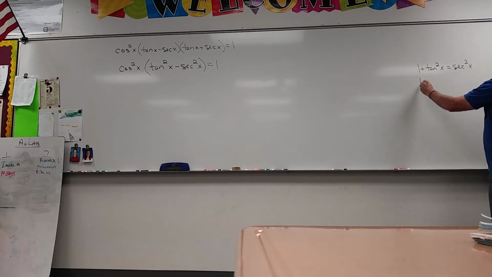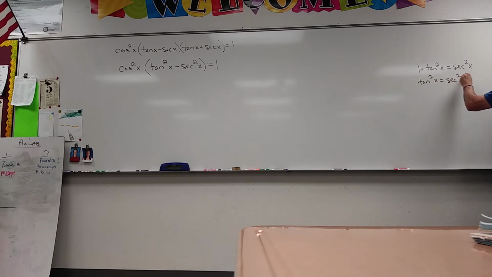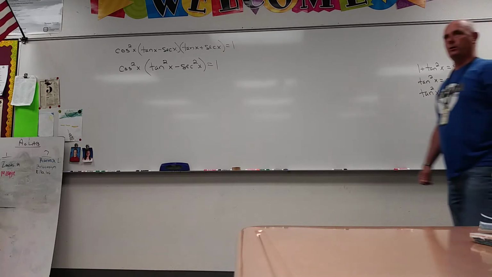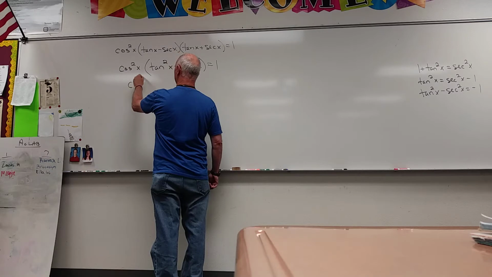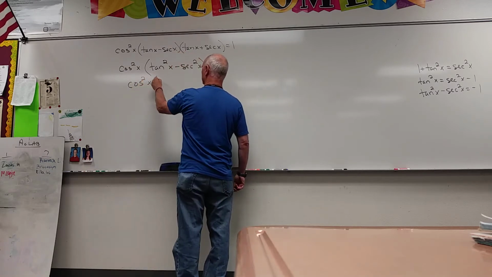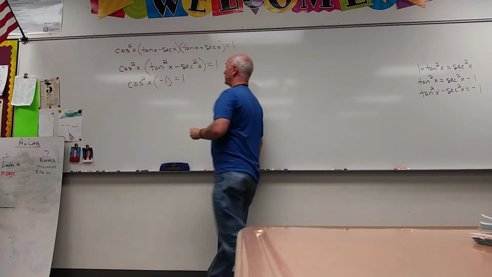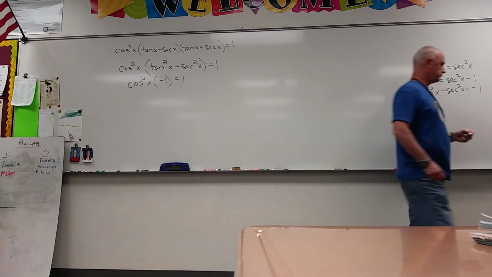If we subtracted the 1 from both sides, and then subtracted the secant squared from both sides, we'd get -1. So I see it as cosine squared of x times -1 equals 1.